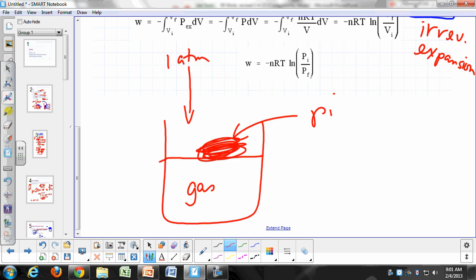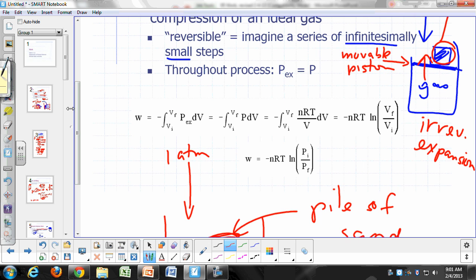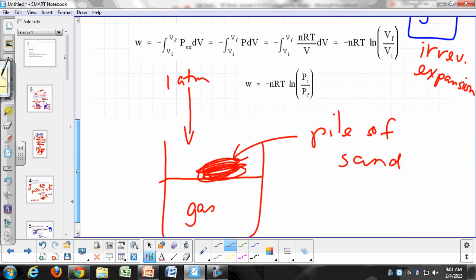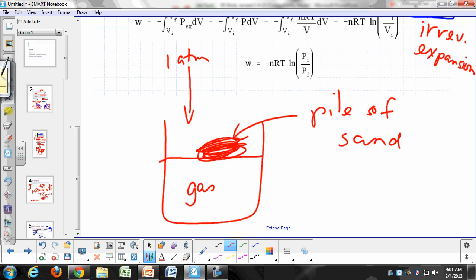Imagine a pile of sand with the same weight as that block. Now, for me to carry out the process reversibly, I take out 1 grain of sand at a time. So each step of the way, your pressure is going to drop by an infinitesimal amount dP, and your volume is going to change by an infinitesimal amount dV.